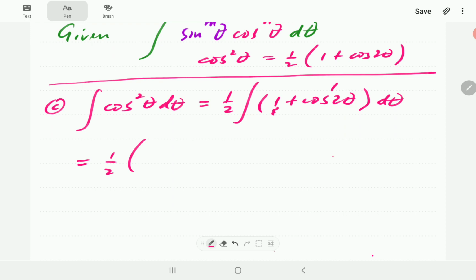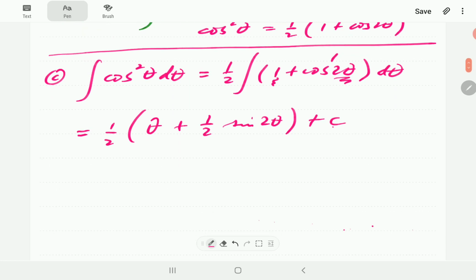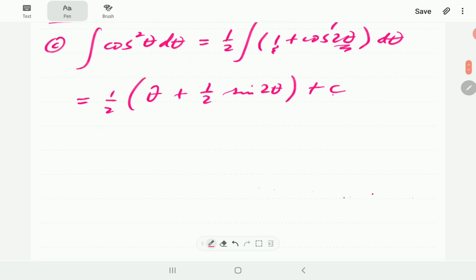So integral of 1 is going to be theta. Integral of cos 2 theta, we're going to have to divide by 2 because derivative of this is 2. So it's going to be 1/2 sine 2 theta, and that is going to be the value of the integral.